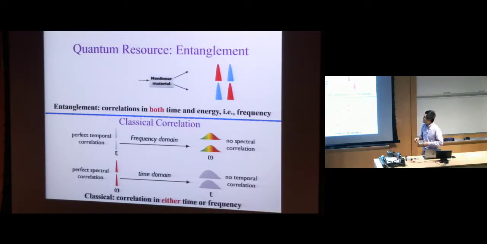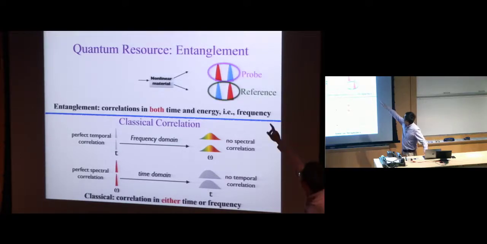Now you can think about using one arm of the photon to serve as a probe, and the other arm to serve as a reference that you can locally retain, so that by virtue of their tight correlation, you might be able to improve the sensitivity of your target detection, a quantum illumination target detection scheme.